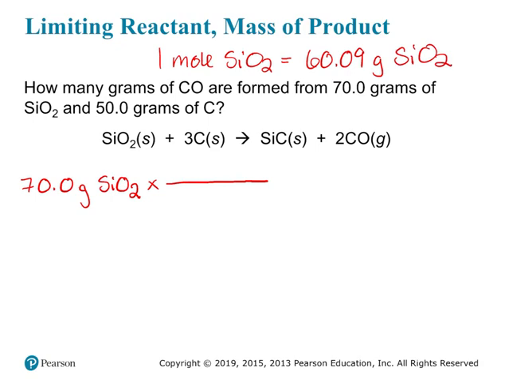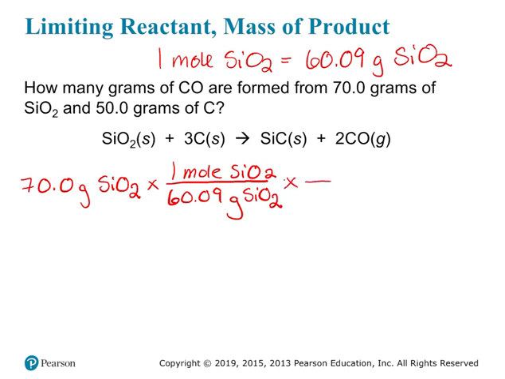All right. So as we've seen previously, we want to convert to moles in this step. So we're going to put 1 mole of SiO2 in the numerator, and we're going to put the mass in the denominator.